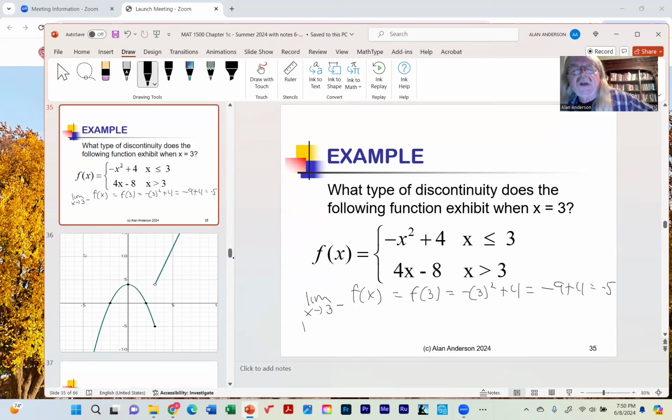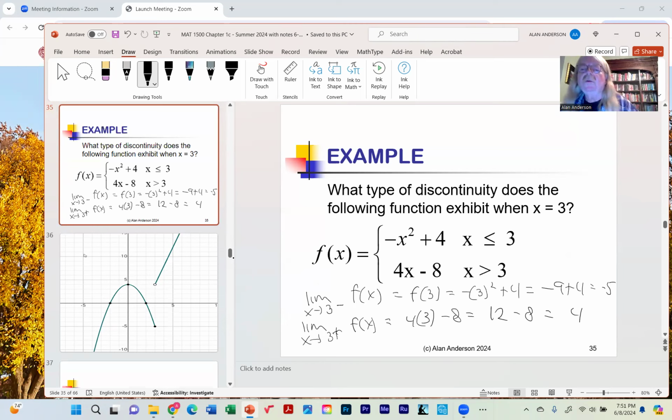Okay, but then if we come from the right, we have 4 times 3 minus 8, 12 minus 8, or 4.